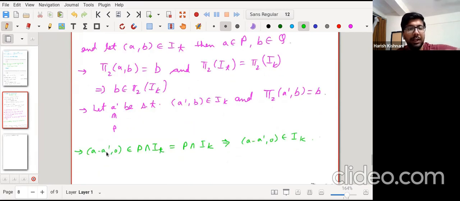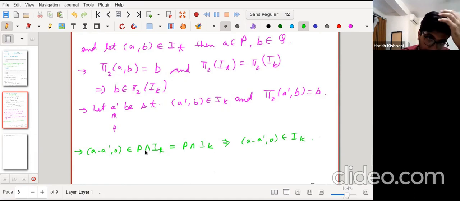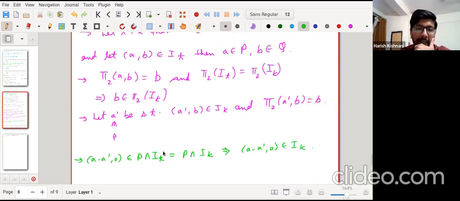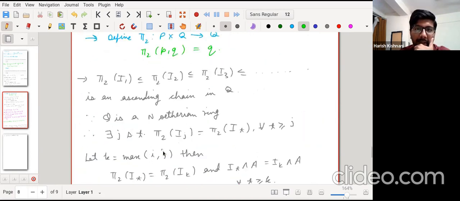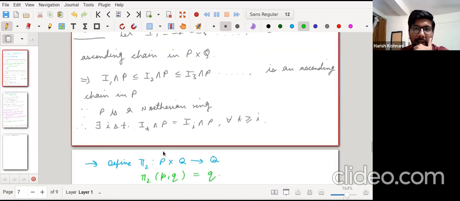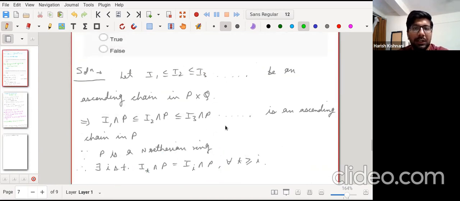Now what we did, we take this tuple (a minus a dash, 0). This has to be inside P intersection with It. Okay. So by P intersection It, I mean intersection with P cross 0, you can say, because it's up to isomorphism.